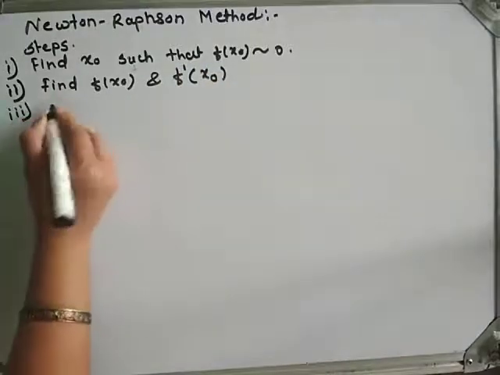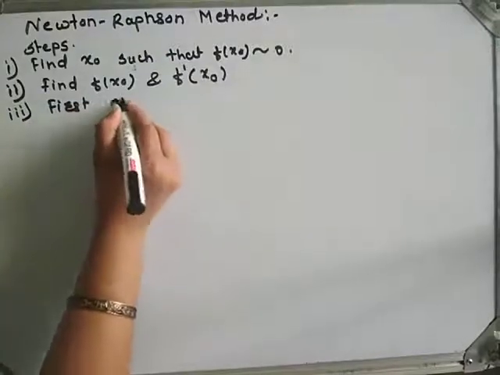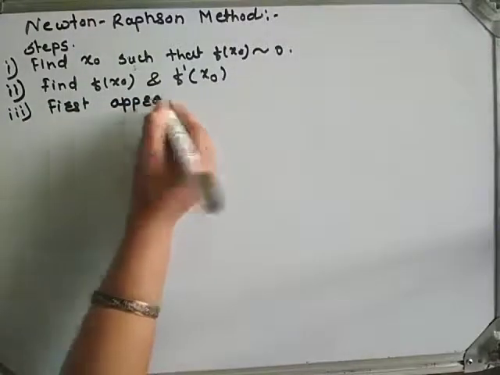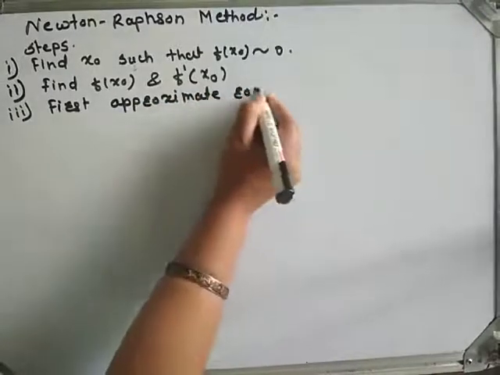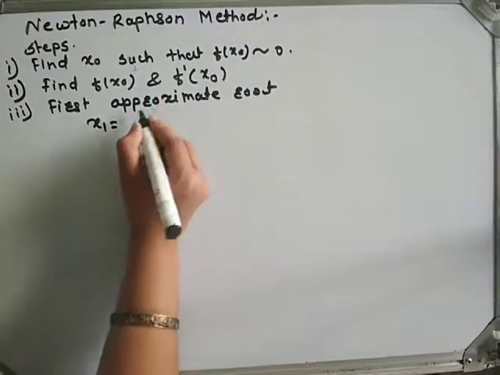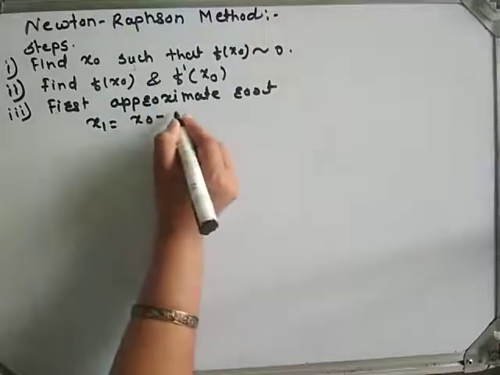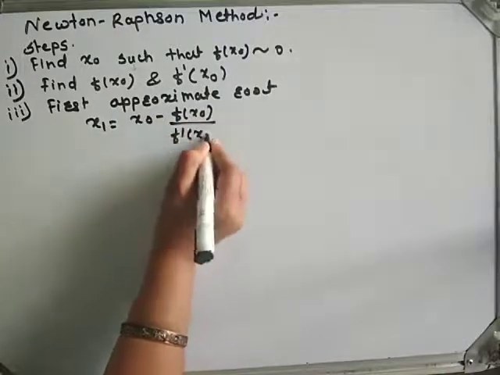Third step is we have to find the first approximate root. For this, the formula is x1 = x0 - f(x0)/f'(x0).